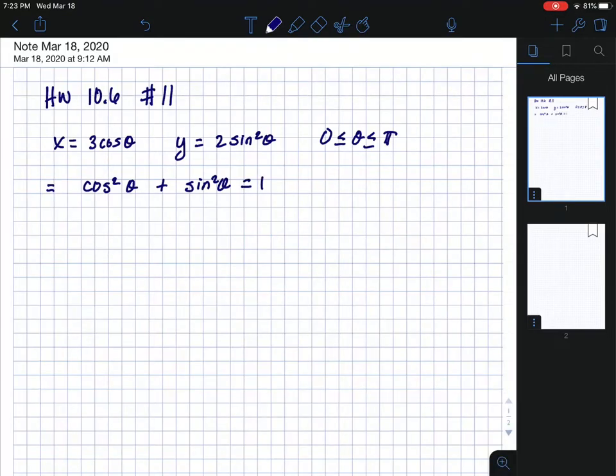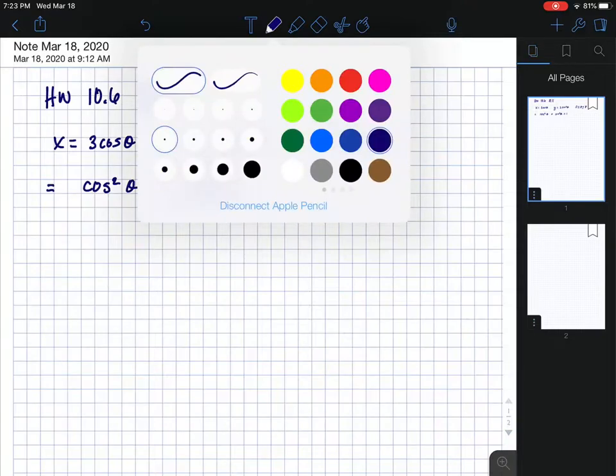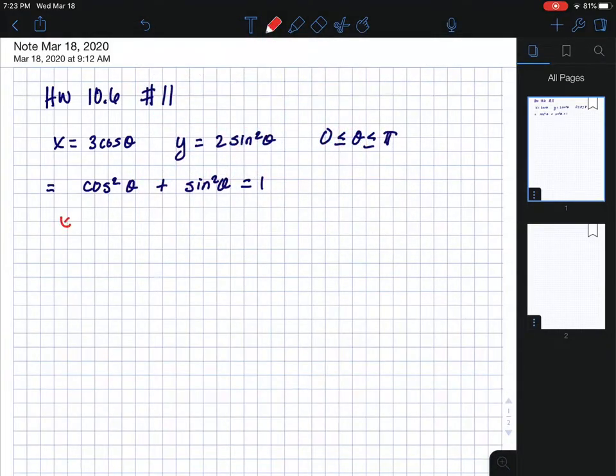Many of you probably tried it, and this is what you ended up doing. We worked with the x first. x equals 3 cosine theta. Then you set this equal to cosine theta, and then you squared both sides so that you can get that cosine squared theta.